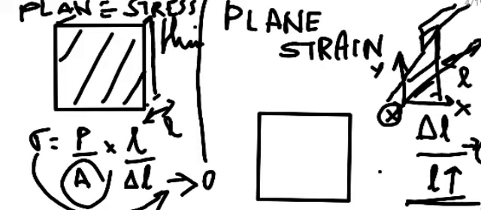Now in the first case, that is the plane stress condition case, this is sure to undergo strain in that direction. That means if this is X, if this is Y, it is sure to undergo strain in the Z direction.